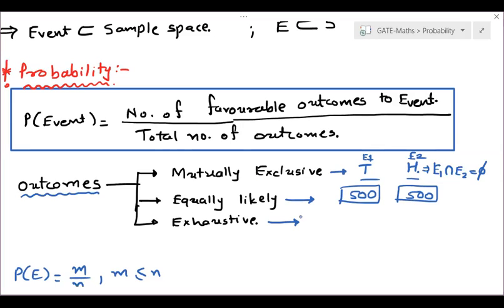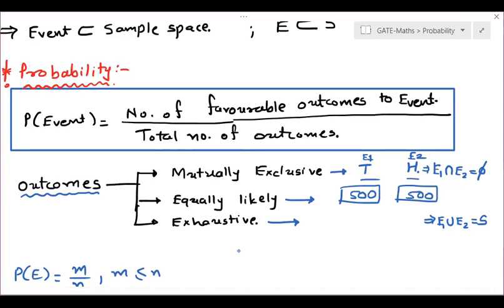In the same way, the meaning of exhaustive is that collectively all your events should define your sample space. So if I add all these events, E1 union E2 should be the sample space, the total possible ways of selecting an event from the sample space.